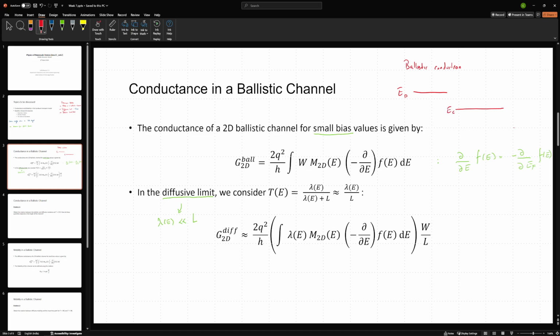I shouldn't have said donor here. It's the electron source and electron drain. The source is where the electrons originate, and the second electrode is the drain for the electrons. That is where the electrons get deposited.